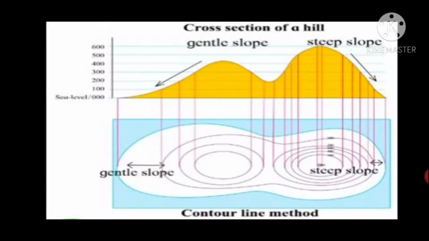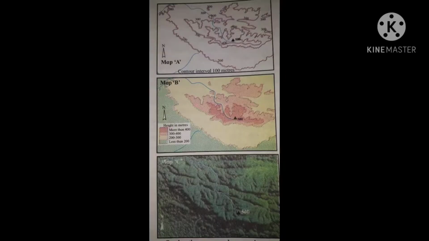Contour lines are helpful in showing the relief of the landform as shown in this figure. Less distance between two adjacent contour lines represents a steep slope, whereas greater distance between the lines represents a gentle slope.